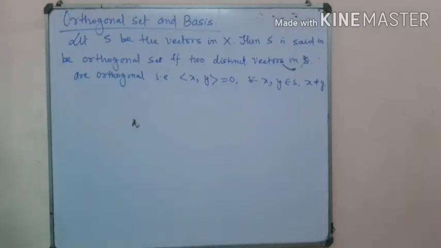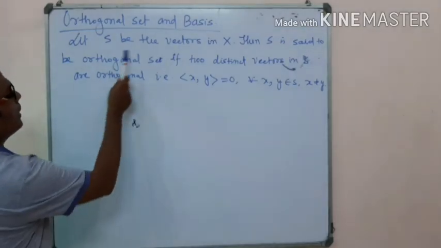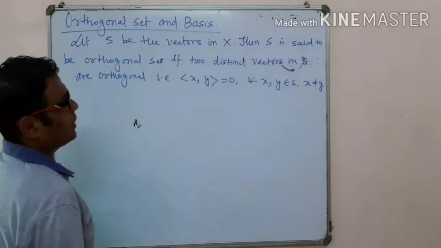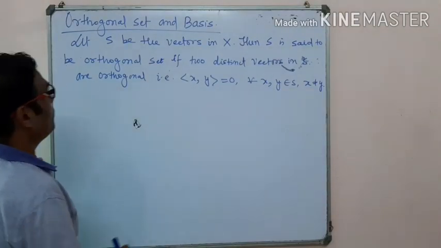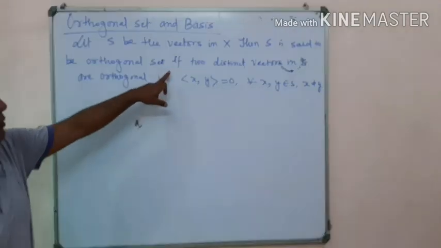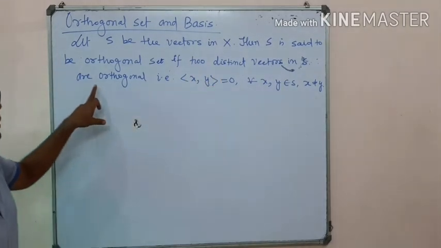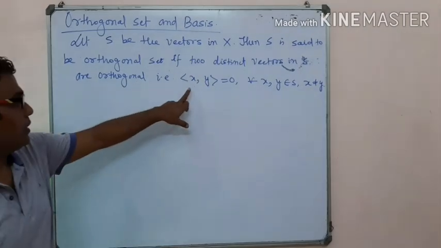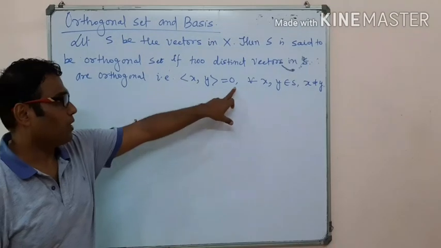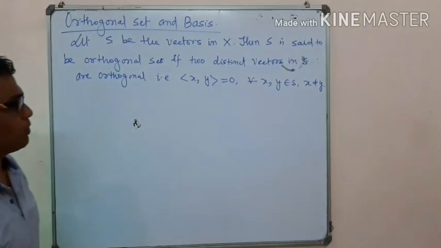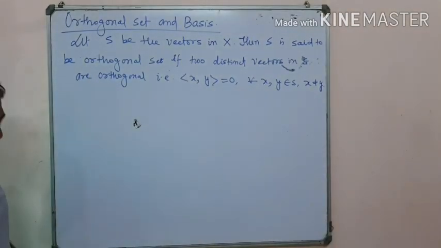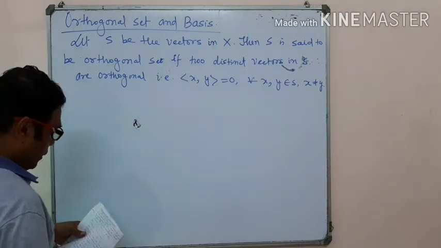Now we discuss the orthogonal set and basis. Let S be a set of vectors in X. Then S is said to be an orthogonal set if two distinct vectors in S are orthogonal, that is, the inner product of these two vectors is equal to 0 for all x, y belonging to S where x is not equal to y. The example is very simple.